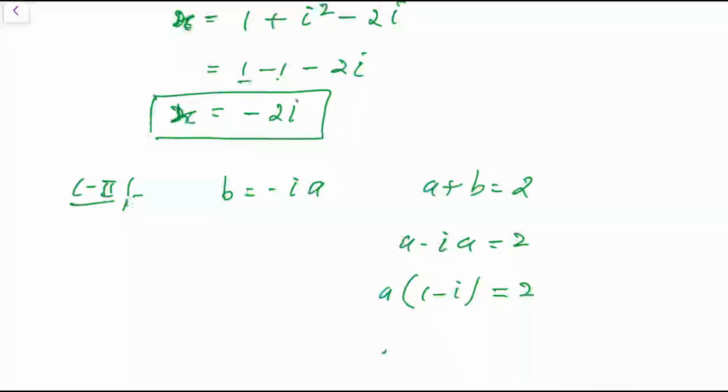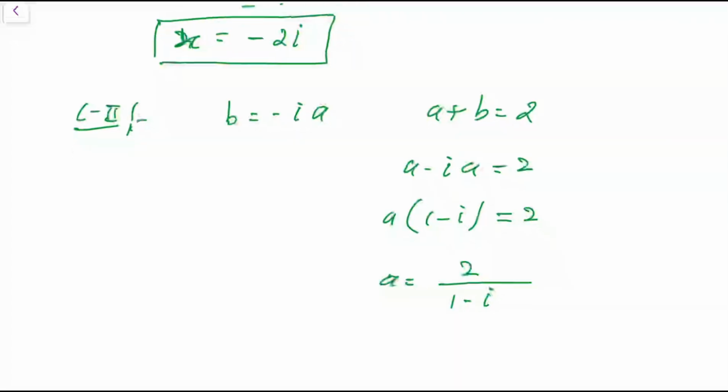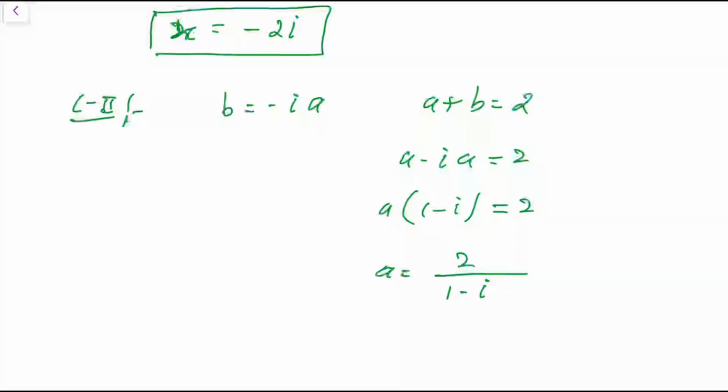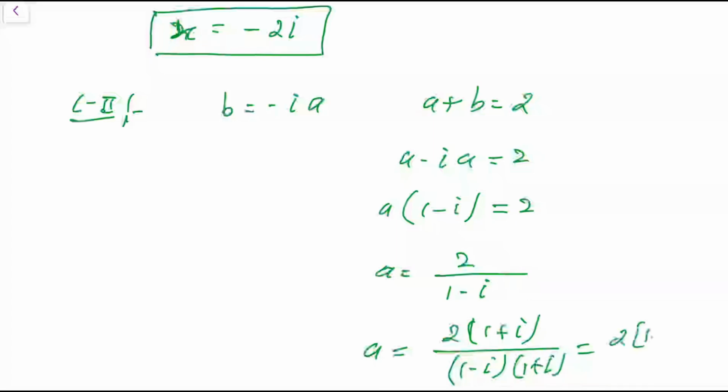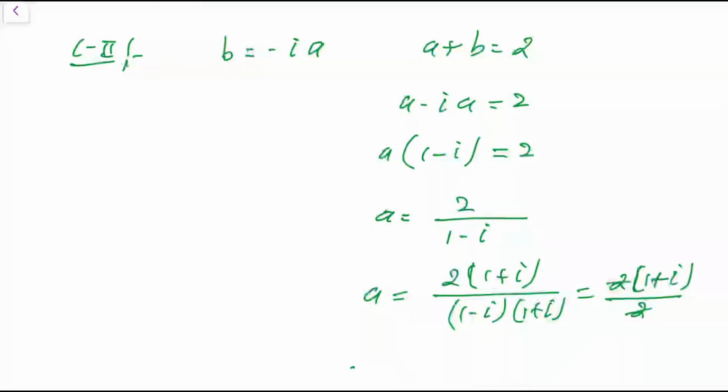The value of a is 2 divided by 1 minus iota, and multiplying by the conjugate of 1 minus iota in numerator and denominator, a is equal to twice of 1 plus iota divided by 1 minus iota times 1 plus iota. The denominator becomes 2, these cancel out, and the value of a will finally be 1 plus iota.